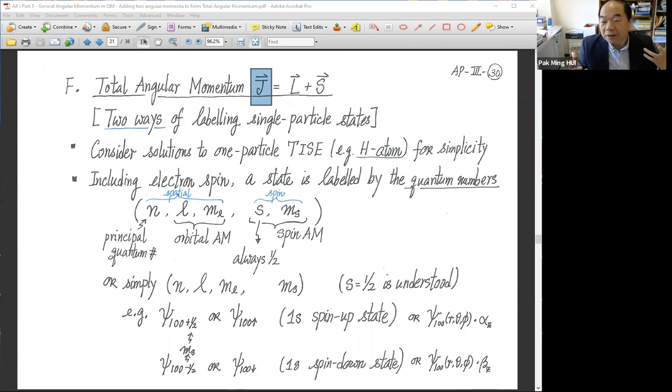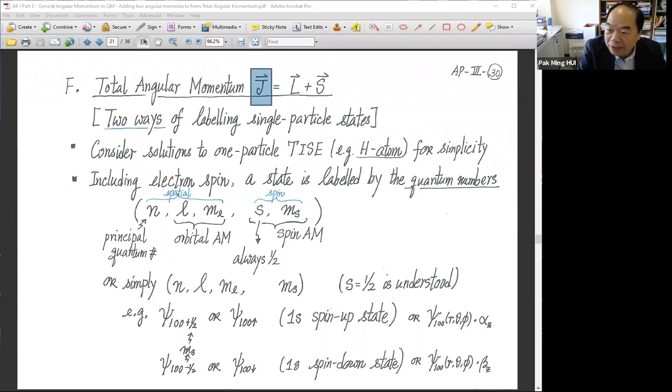But the rule to add is easy to execute. So here, I will list out the rule to add two angular momenta. Therefore, you can add three, add four, because you can add 1 and 2, and then add the total of 1 and 2 to the third one, and then add that to the fourth one. Thereby, the crucial thing is to know how to add two angular momenta.